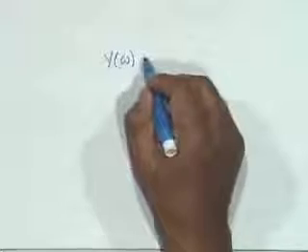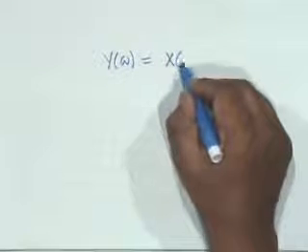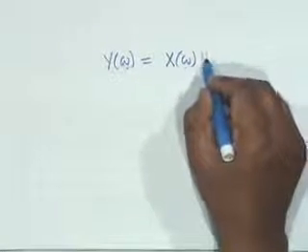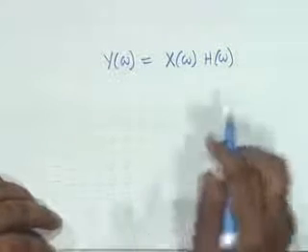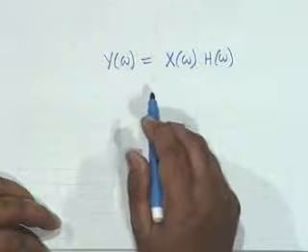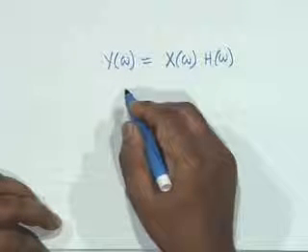Now, the solution of this in terms of Fourier transforms is like this. Your Y of omega is equal to X of omega times H of omega. Let's take a particular frequency, let's say 0, DC.